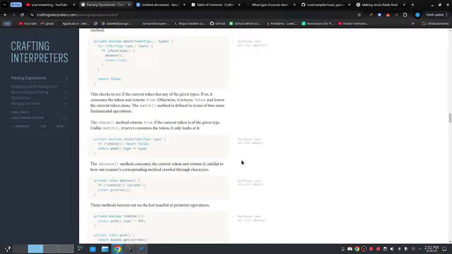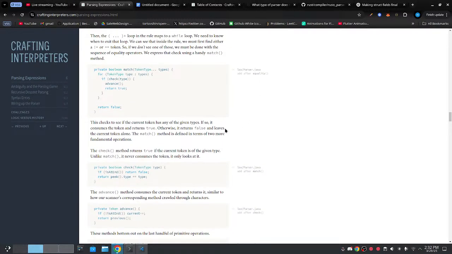What are we doing here? Just see. This checks to see if the current token has any.